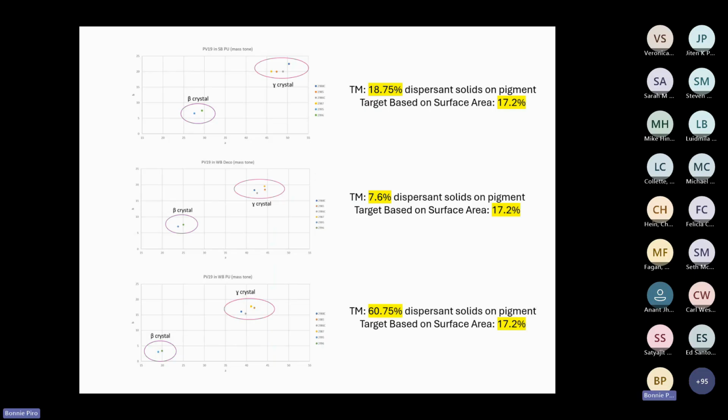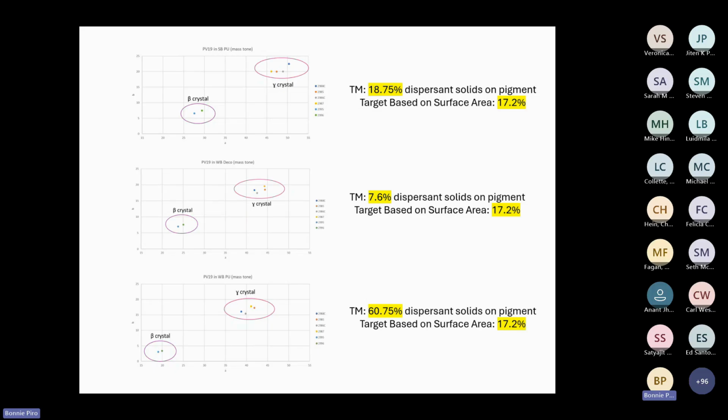These are the same ones we looked at before, and the scales on these charts for the mass tone are the same. If you look down the charts at the amount of redness and yellowness developed for the gamma crystals, we see it's more for the solvent-based polyurethane formulation.